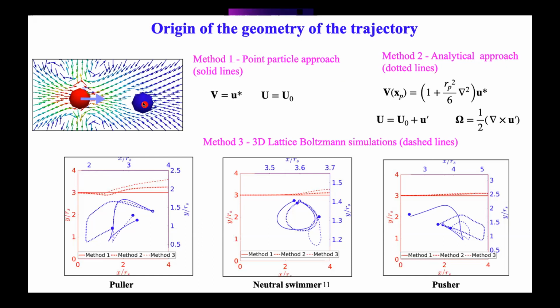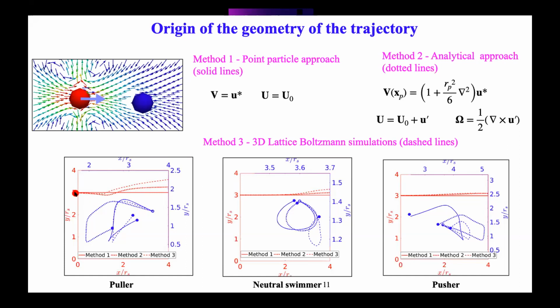So the velocity of this passive particle is given by the flow field generated by the microswimmer at the location of the passive particle, and the velocity of the microswimmer would be just its self-propulsion velocity u0. The corresponding trajectories are shown here in this picture as the solid lines. The red curve corresponds to the trajectory of the microswimmer, and the blue ones are that of the passive particle.